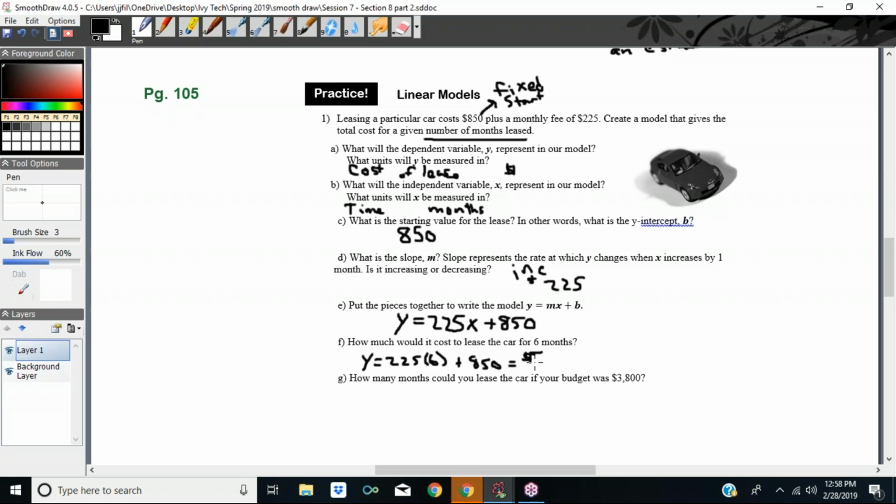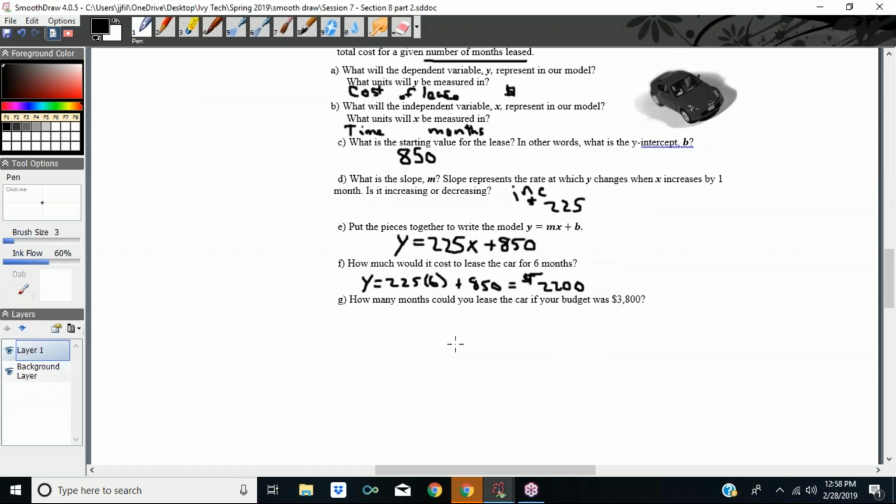And let's see what that is. It is $2,200. And the last question, how many months? So this is asking us now to find the X if the budget was $3,800. So now we're putting $3,800 in, and we're trying to find out what X has to be within our budget.